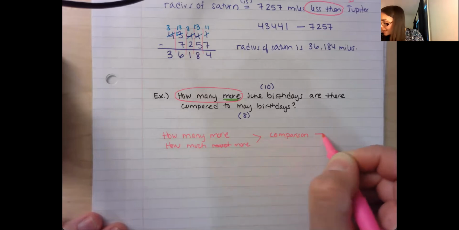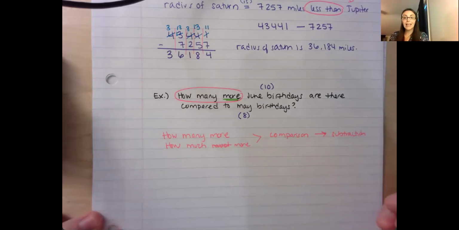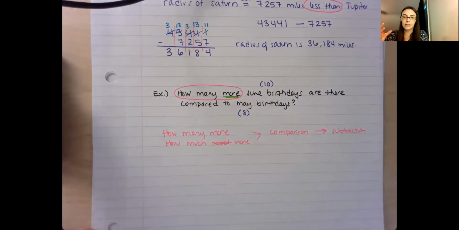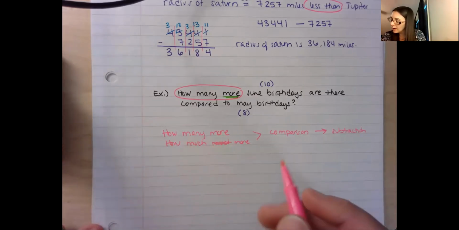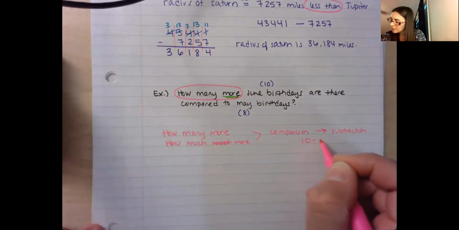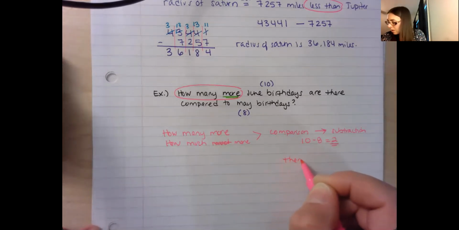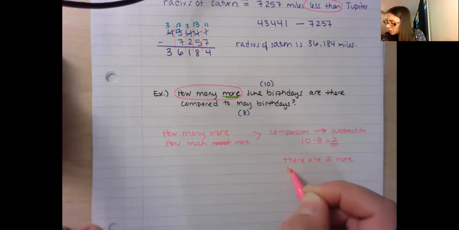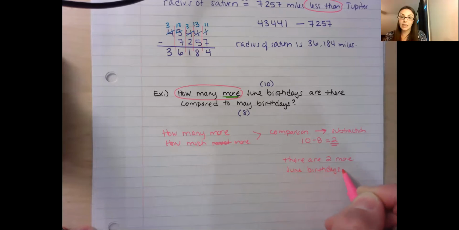So in a case like this, it actually is subtraction. A key idea, although not a key word, for subtraction is comparison. So if you have a question like how many more, how much more, then you're actually going to subtract. So there are 2 more June birthdays compared to May birthdays in this case.